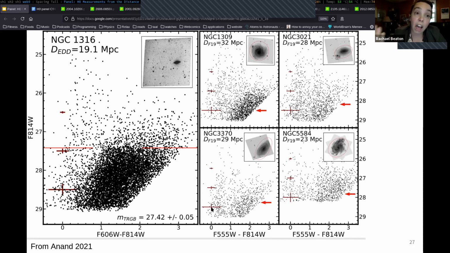Now, we do a lot of tests on this kind of incompleteness. We do that with artificial stars, where we drop artificial stars into our frames and bring them out to figure out what our completeness is and how that's biasing our measurement.